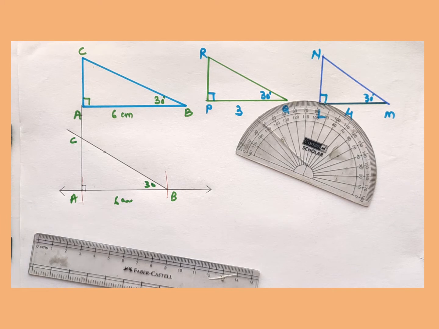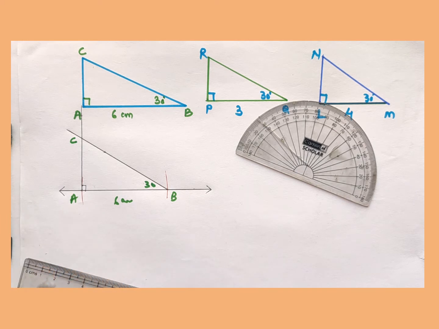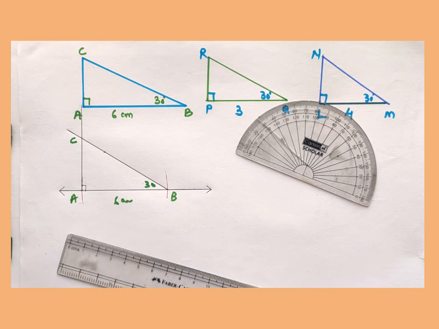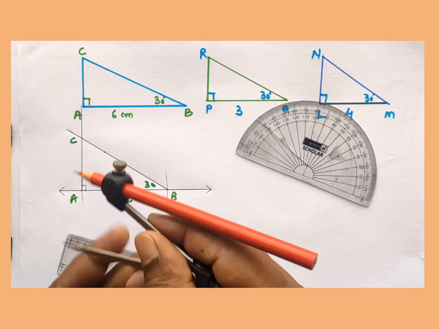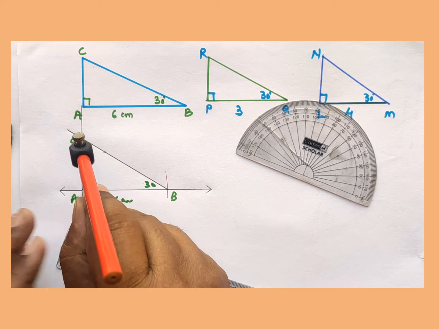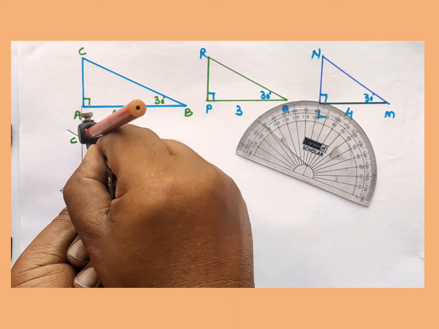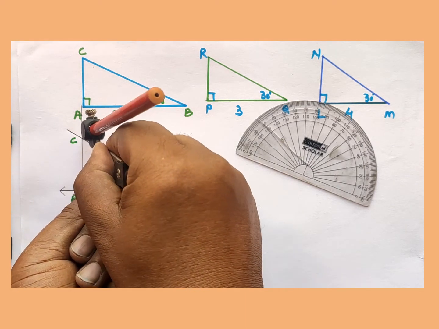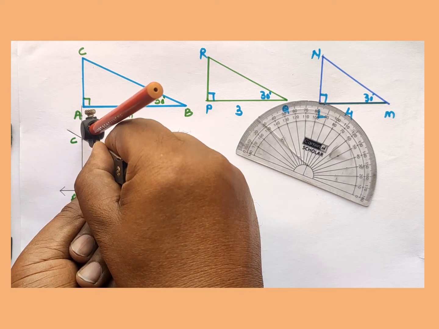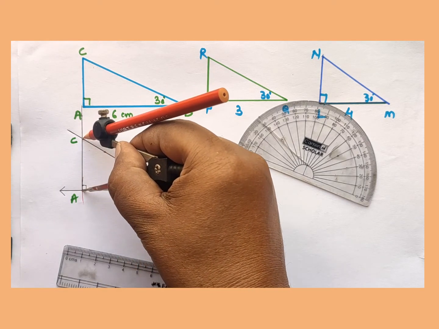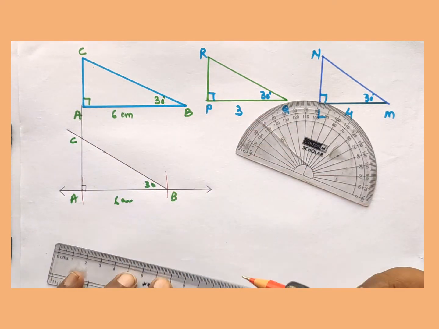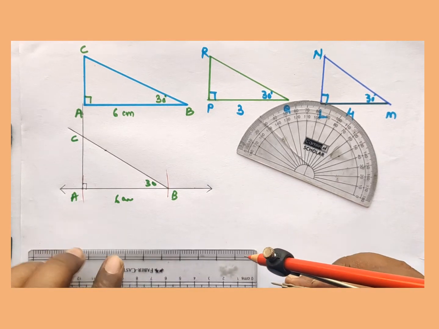We will measure each side and write it there so that we don't have any problem. First we're going to measure AC. Let's find out the length of segment AC. See here, this way. Now that same thing I'll measure here.